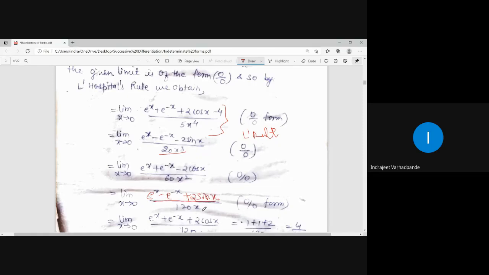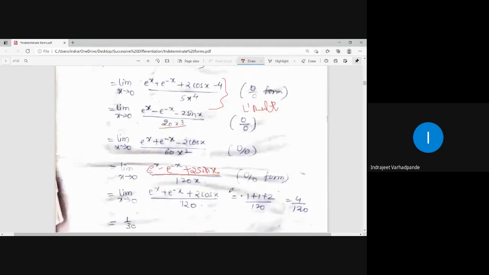But still the denominator contains x, so I need to remove it again. And lastly, applying L'Hospital's rule again, we get to the simplification, that is 4 upon 120. That answer is 1 upon 30.